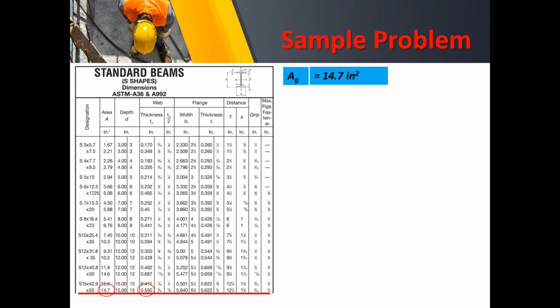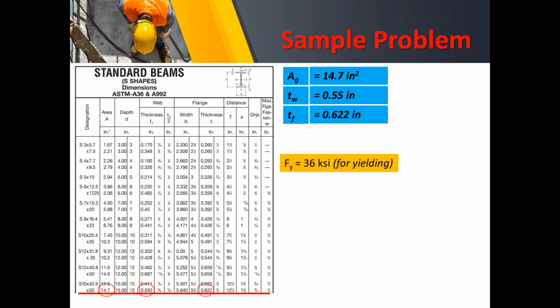So we take note of AG 14.7, thickness of the web 0.55, the flange thickness is 0.622 inches. Now we also go back to our data on A36 steel, wherein Fy for yielding is 36 ksi and for fracture, Fu is equal to 58 ksi.